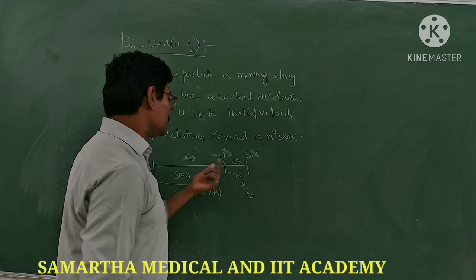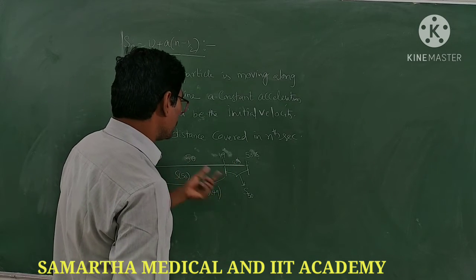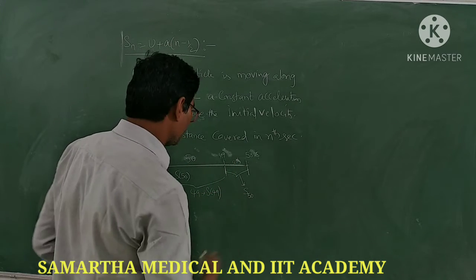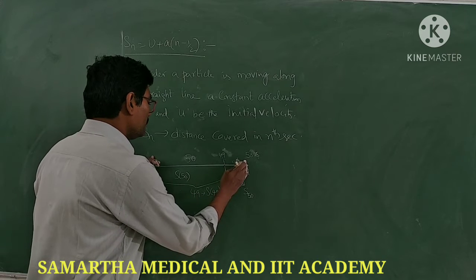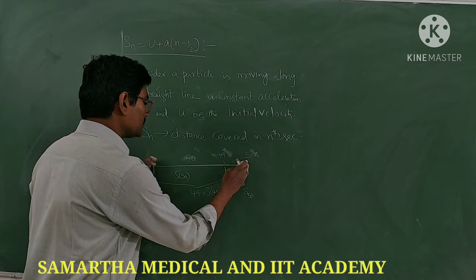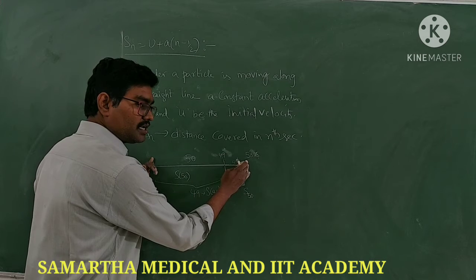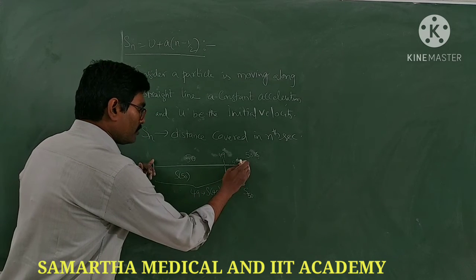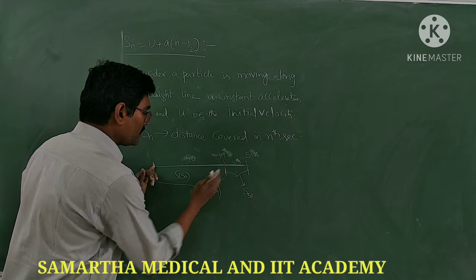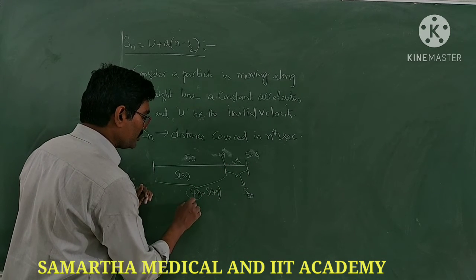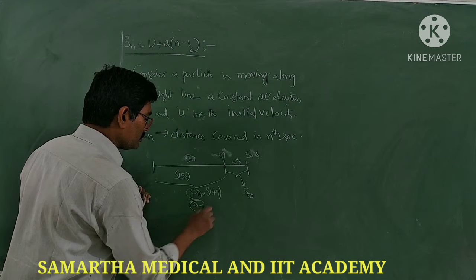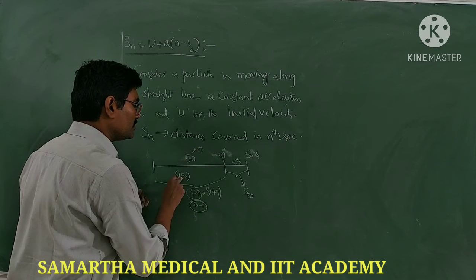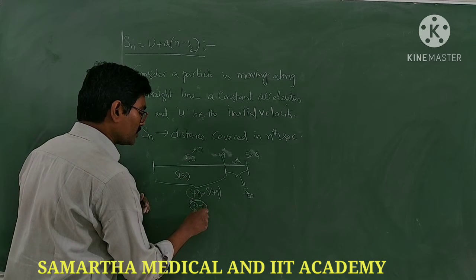Similarly here, this is what nth second I need to calculate. Suppose 50 seconds is n seconds distance. So total n seconds you are subtracting n minus 1 seconds. 49 is nothing but 50 minus 1. So this is n seconds, this is n minus 1 seconds.